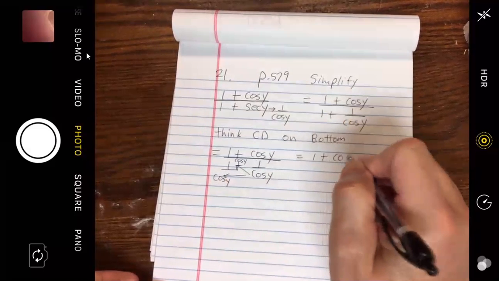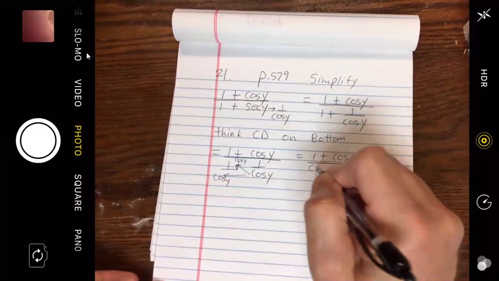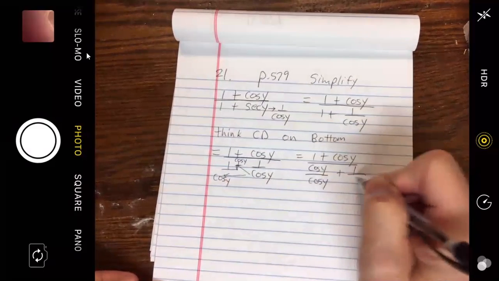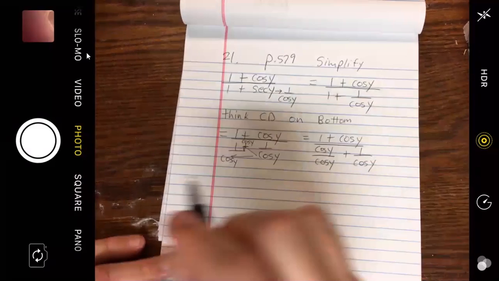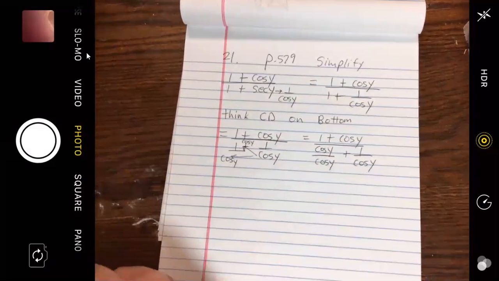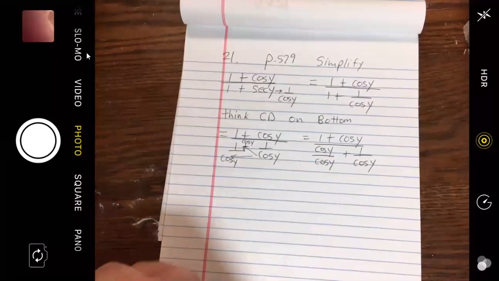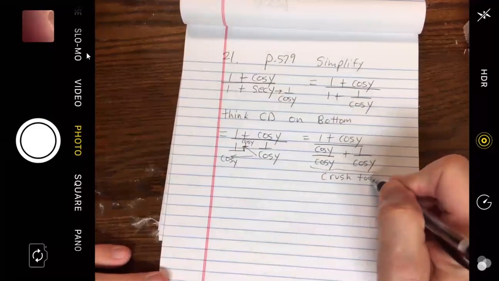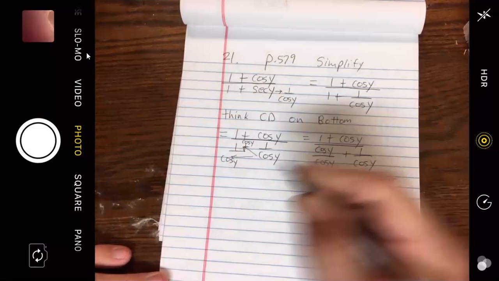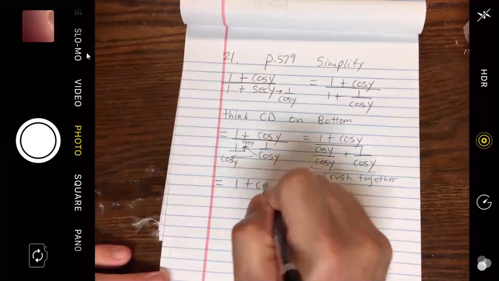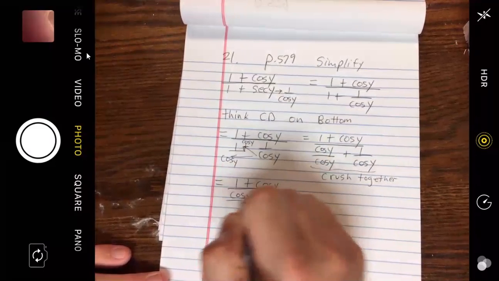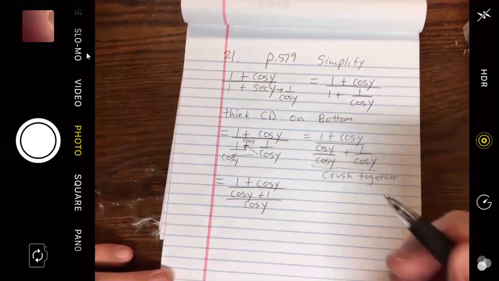Cosine y over cosine y plus 1 all over cosine y. Maybe we should stop if anybody's following this. We can crush this together.